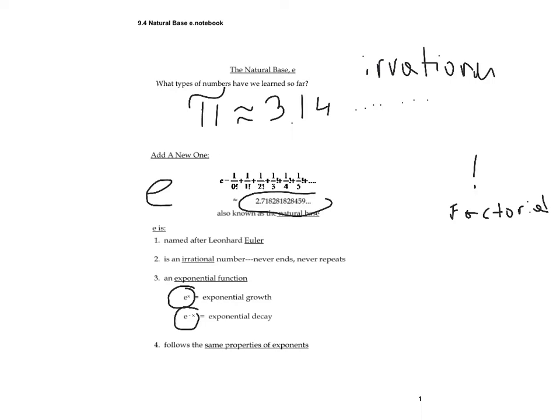Growth is because it's e to positive x, and decay is because it's e raised to negative x. Now, the main idea for today's lecture is to talk about some properties of exponents, stuff that we learned in class before spring break, before everything happened.